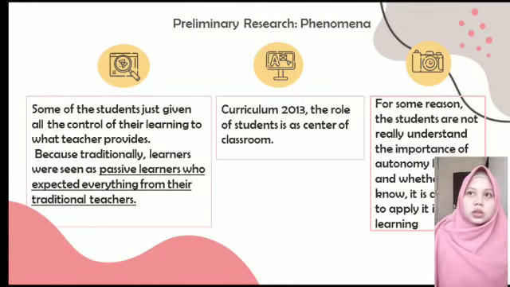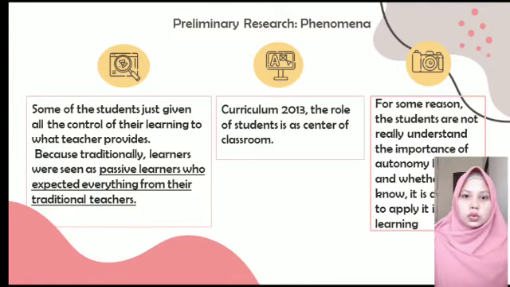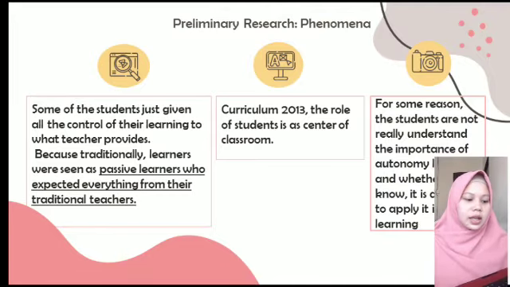So the student and the teacher have the same role to collaborate in achieving their learning goals.